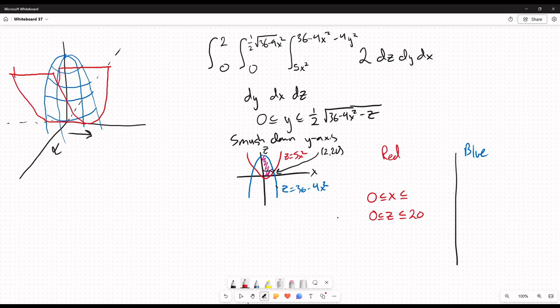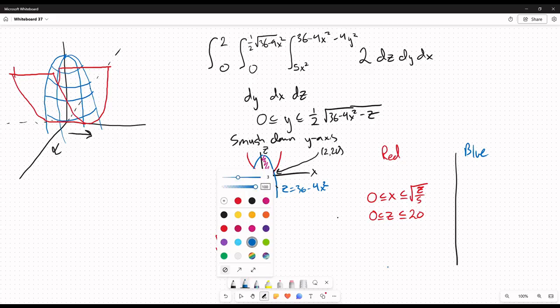So we had z equals 5x squared. You can divide both sides by 5 and take the square root. Obviously, we're only looking at the right-hand side, so only positive values, and we'll get that x is less than or equal to the square root of z over 5. And that would be how I finish out this set of inequalities for the red function.